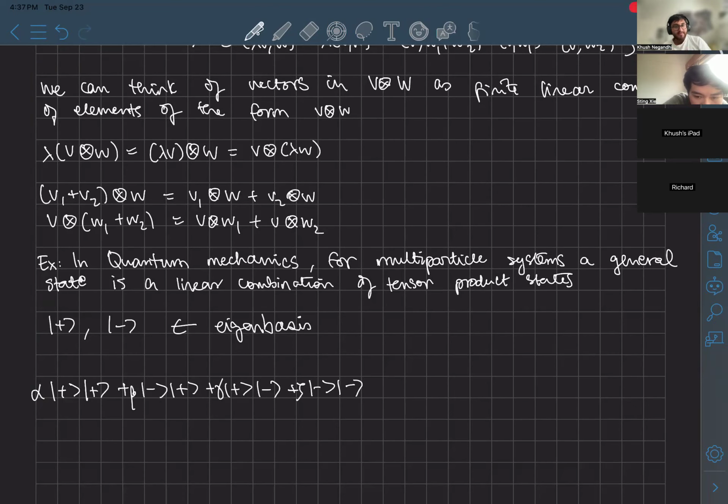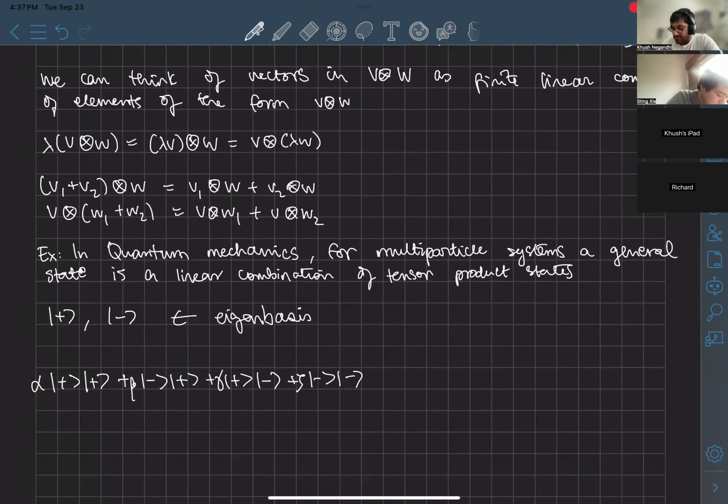So your general state vector is something like this, and the product here is nothing but the tensor product. This gives you entanglement in quantum systems. The fact that the tensor product may not always decompose is the fundamental cause of entanglement from a mathematical point of view.